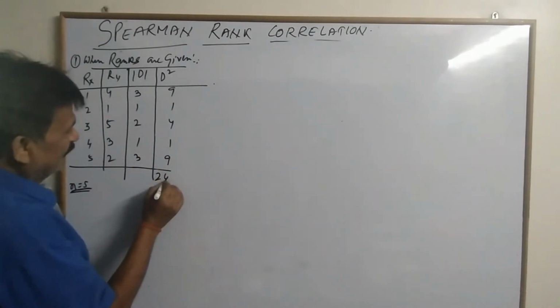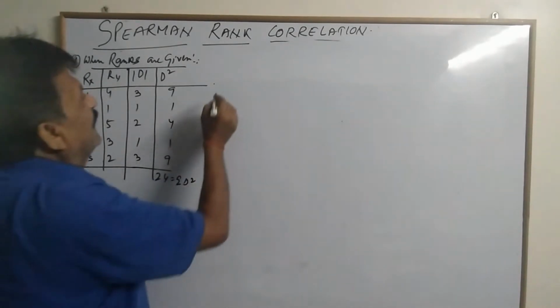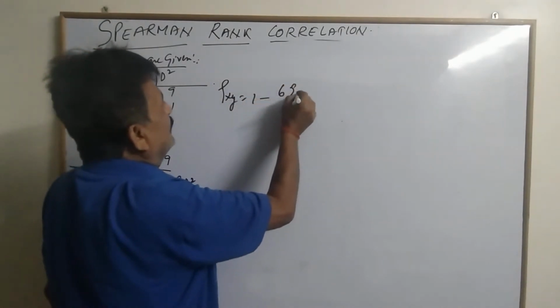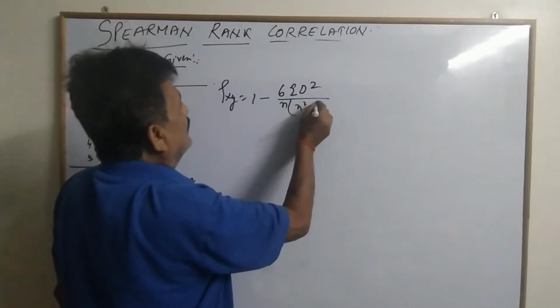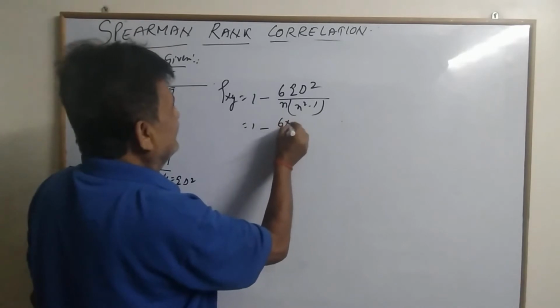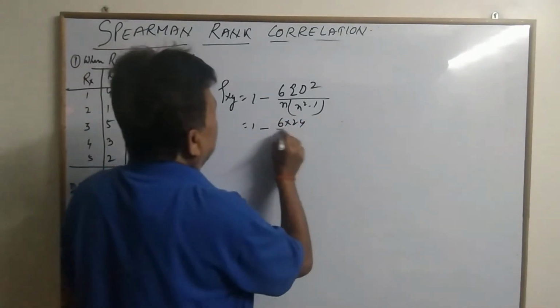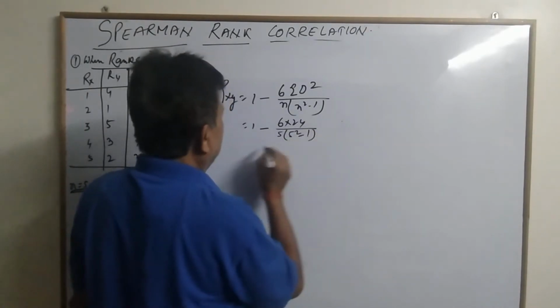And this is 24, the summation D square. Hence, rho xy is 1 minus 6 summation D square by n into n square minus 1. That is 1 minus 6 into 24 divided by 5 into 5 square minus 1.